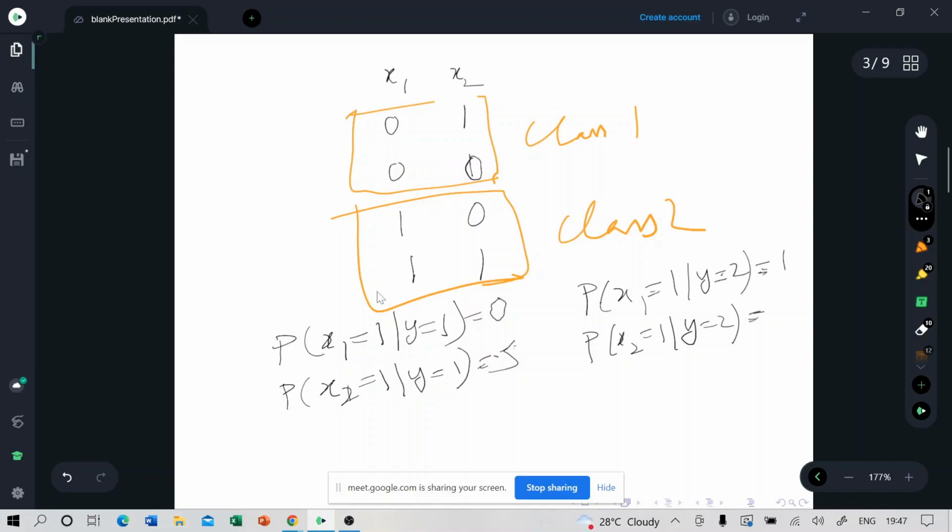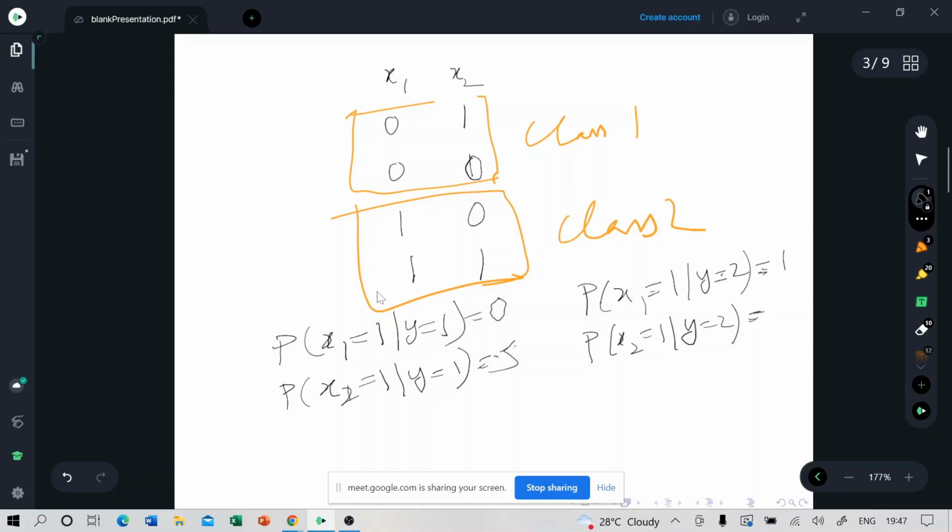The other problem is this. What we are doing is basically calculating the class probability: probability of some y given x, that is, probability of y times probability of x1 given y up to xd given y, right?